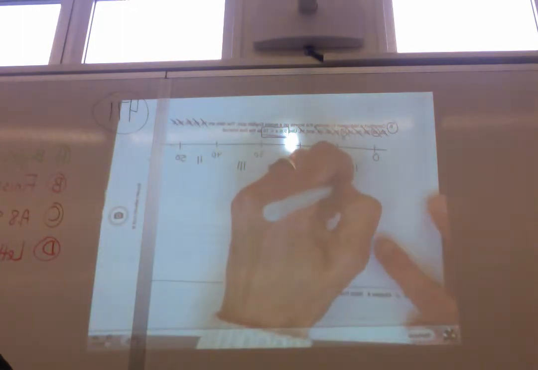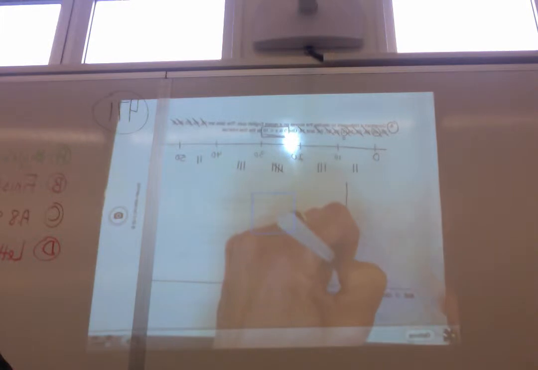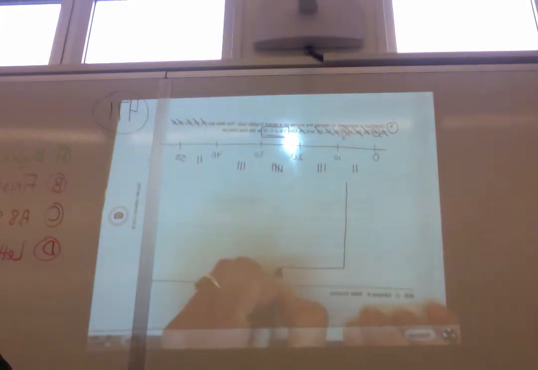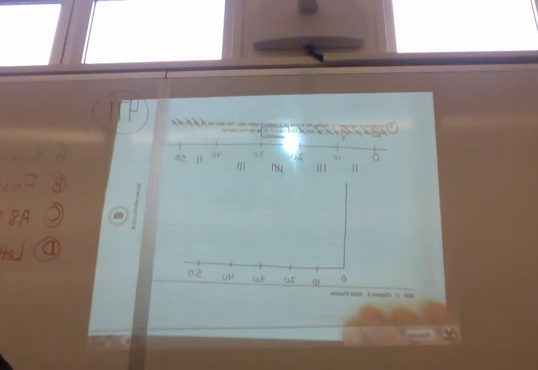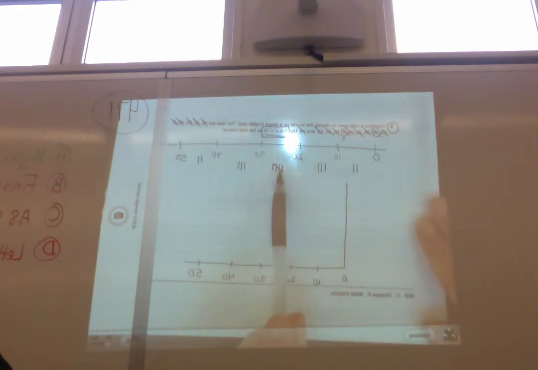Now, when I do the histogram, I need to make axes. The bottom axis I already figured out. It's going to be 0 to 50. Now, the side axis, I need to look at my tally marks and figure out what is the highest and lowest frequency.